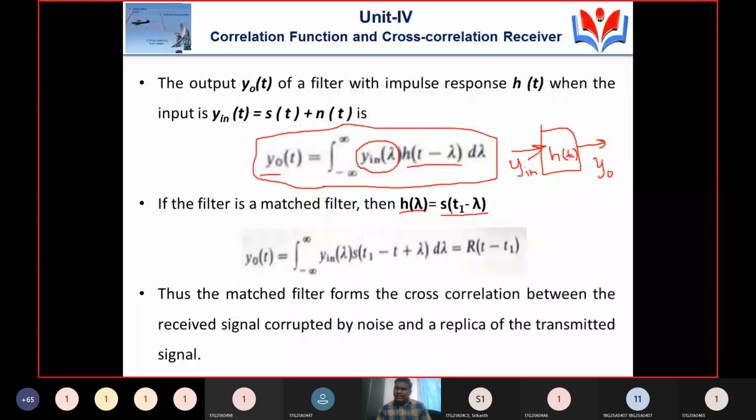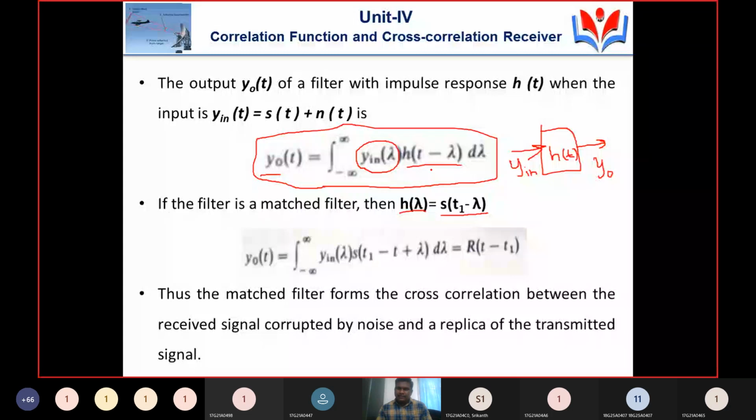If you substitute in this equation, we can rewrite it: y naught of t equals the integral from minus infinity to infinity of y input of lambda, and this entire h of t minus lambda will be replaced with s of t minus lambda.